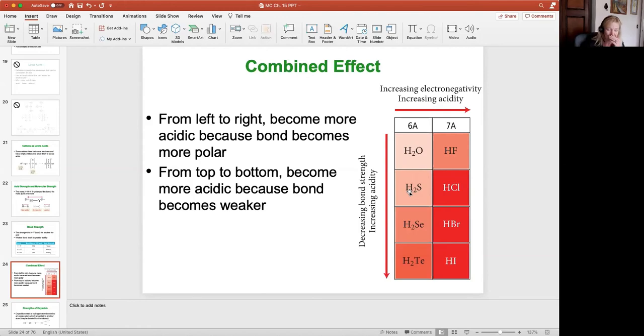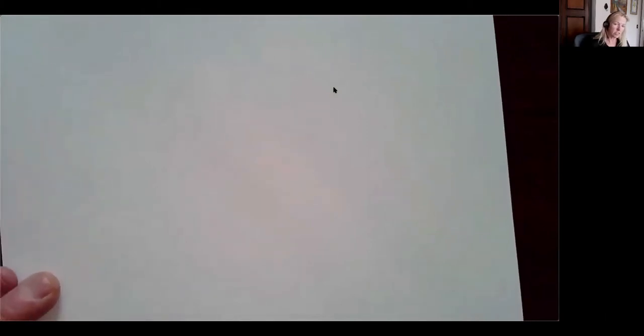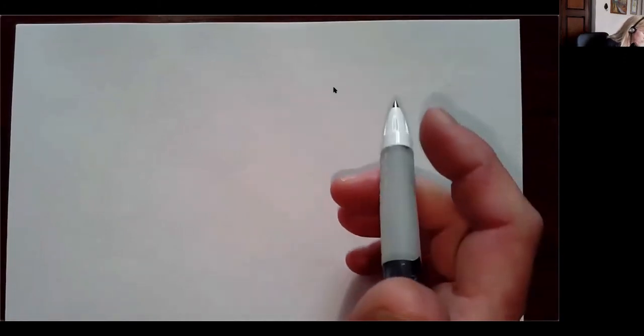So what about oxoacids? Remember, an oxoacid is something where I have a polyatomic ion, so I have oxygen in that acid. And when we looked at the structures of those acids, what we saw is that the acidic hydrogen is always the hydrogen that's attached to the oxygen.